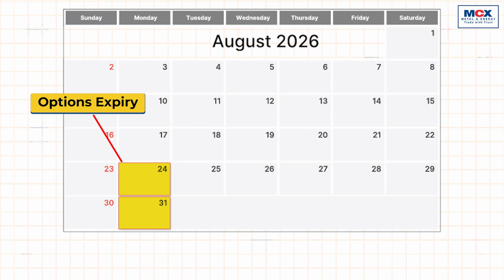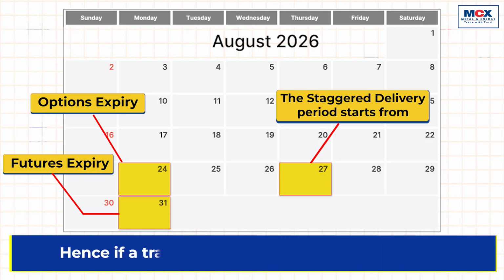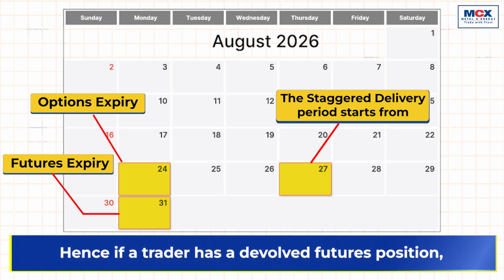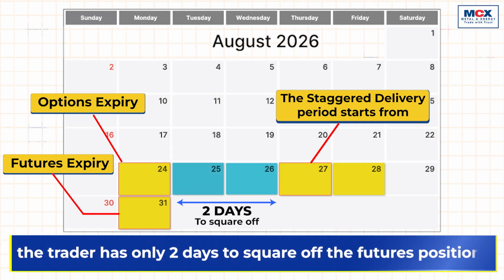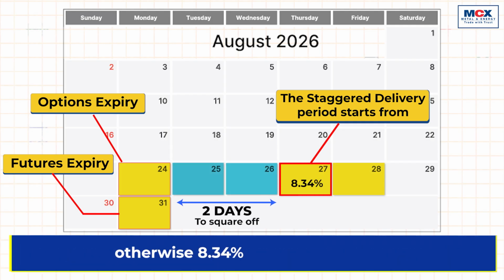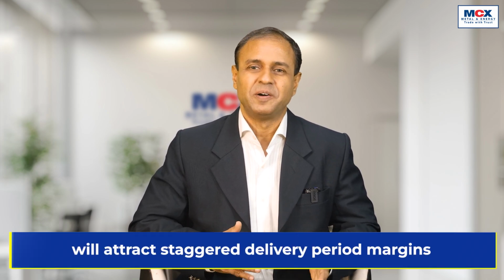August 31st, 2026 is the futures expiry. The staggered delivery period starts from August 27th. Hence, if a trader has a devolved futures position, the trader has only 2 days to square off the futures position. Otherwise, 8.34% additional margin will kick in on a daily basis from August 27th. Both long and short positions will attract staggered delivery period margins.